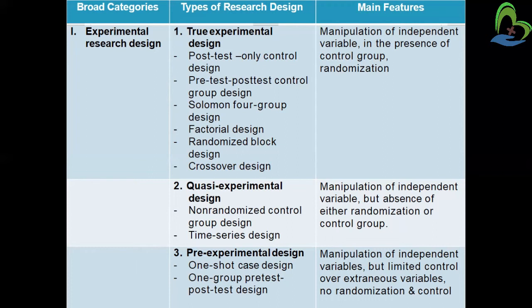The groups are selected without randomization, and the dependent variables are observed in both groups before any intervention. Later the experimental group receives a treatment, and after that a post-test is observed. So it is a kind of pre-test, post-test control group design.